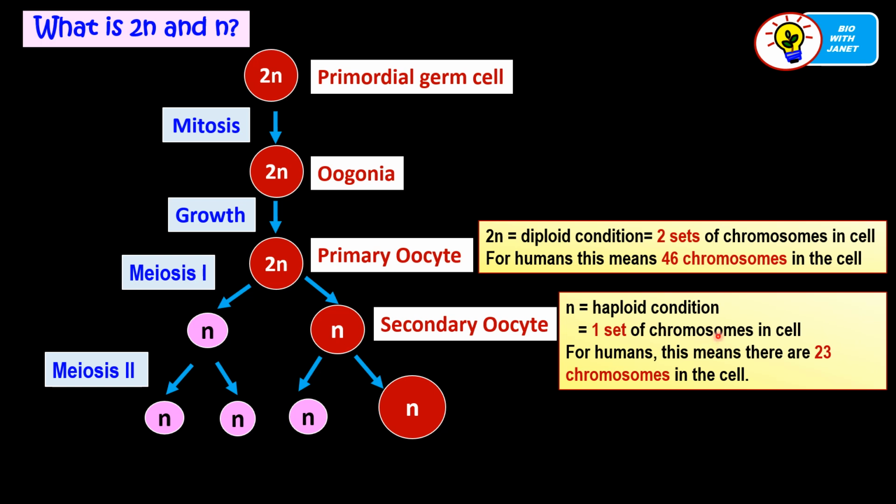And this set of chromosomes has a mix of the genes from the father and the mother, okay, because crossing over has occurred in meiosis 1. So for humans, this means that there are 23 chromosomes in the cell, okay? So the secondary oocyte and the ovum all have 23 chromosomes per cell, all right?